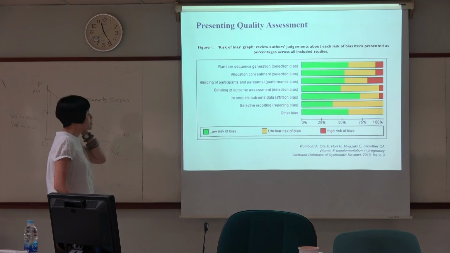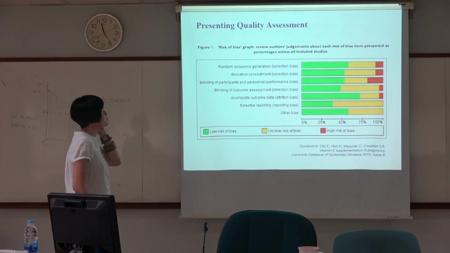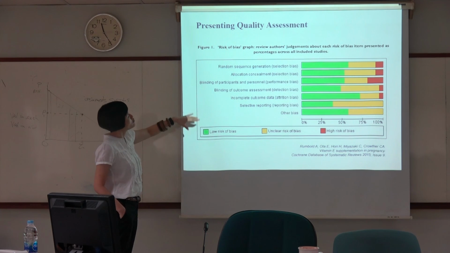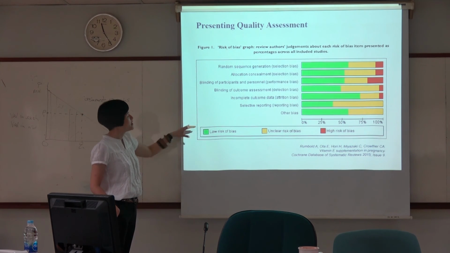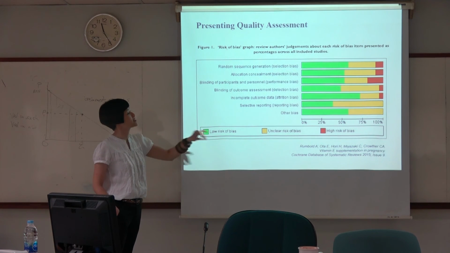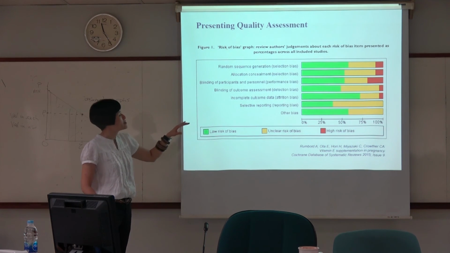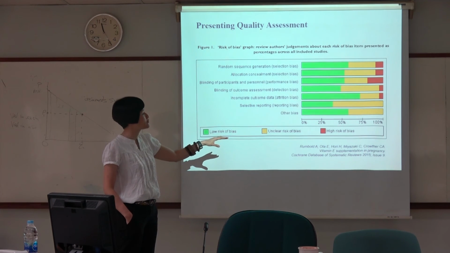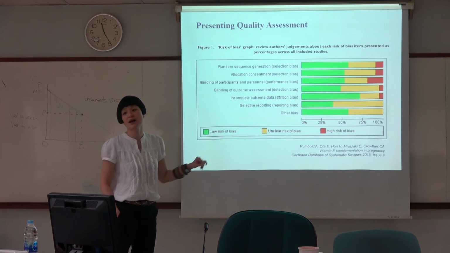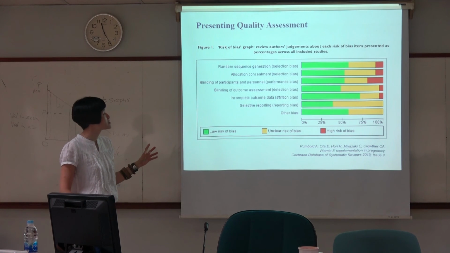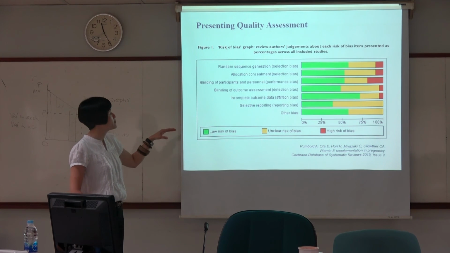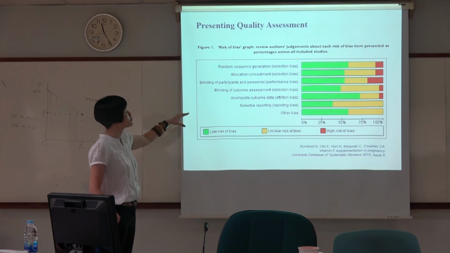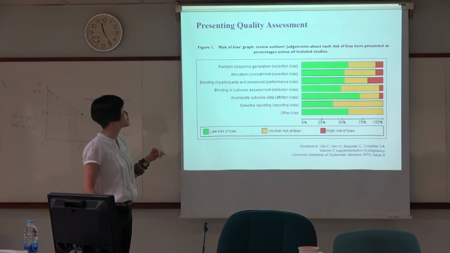This is another way of presenting quality assessment. So you can see these are the criteria that we've talked about today, and you've got low risk, unclear risk, and high risk. And basically, they demonstrated the proportion of studies with low, unclear, and high risk, like a traffic light system, red, amber, and green. So you can see very quickly and easily from this that there are very few criteria that has a high risk of bias.